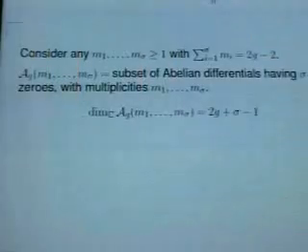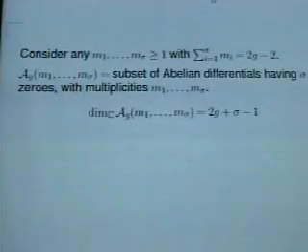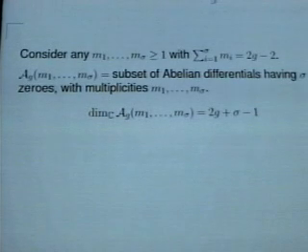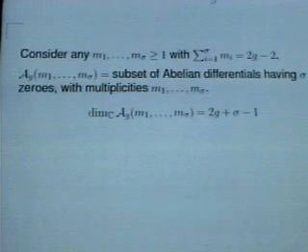Now, A sub G, the space of all abelian differentials, is very naturally stratified according to the numbers and types of zeros that the form has. So given M1 to M sigma, these are meant to represent multiplicities of the zeros.